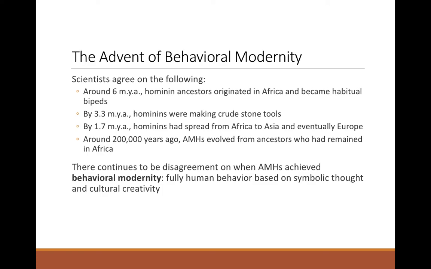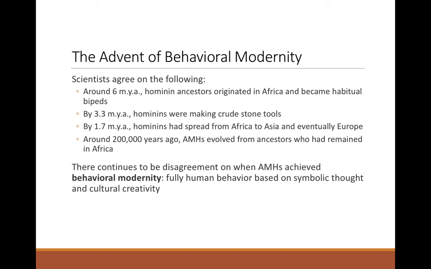One of the things that we're interested in answering as we move into this realm of fully anatomically modern Homo sapiens is, not really when do we get modern features in terms of morphology, but more so when do we become modern in behavior. Scientists agree that around 6 million years ago, we've got the first hominins that became habitual bipeds. By 3.3 million years ago, we were making crude stone tools.